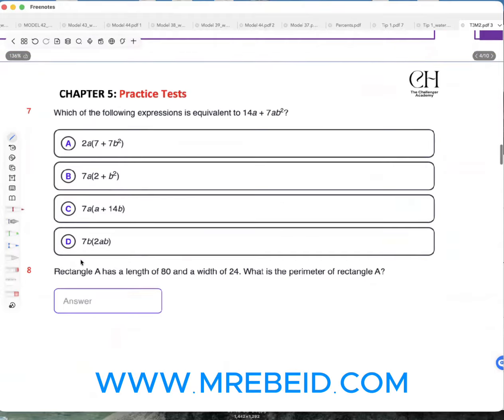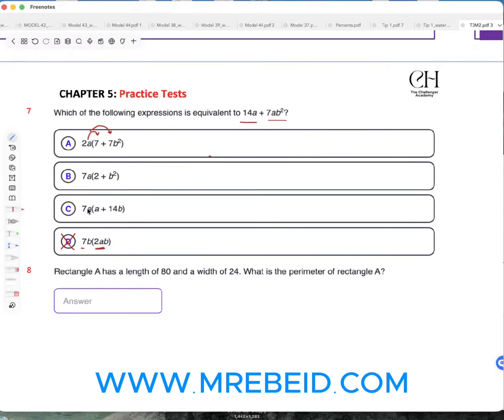Which of the following expressions is equivalent to 14a plus 7a times b squared? For this question, we have two methods. You can take 7a as a common factor from both terms, or you can multiply each option and check which one equals 14a plus 7ab squared. This one you will eliminate because it is only one term, but in the question we have two terms.